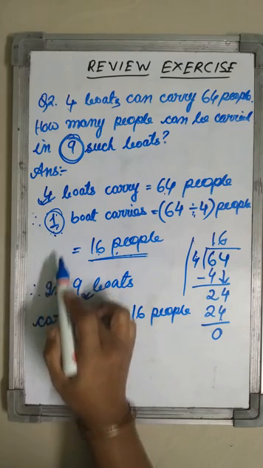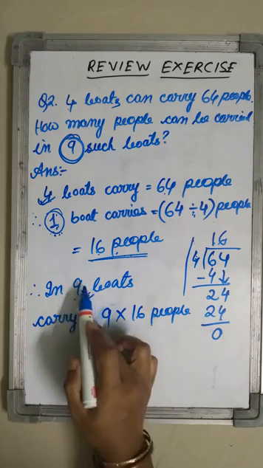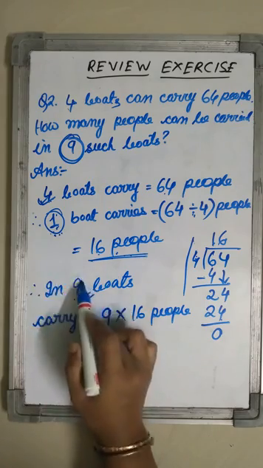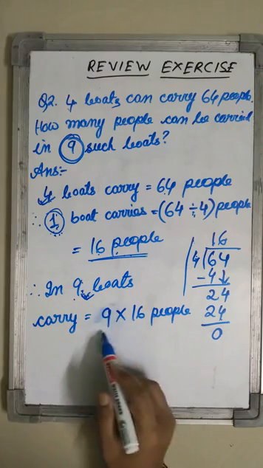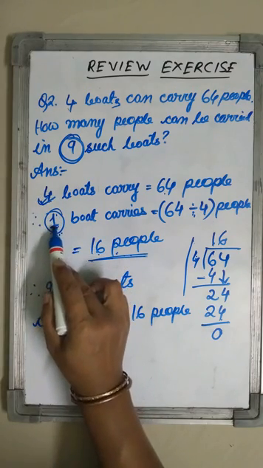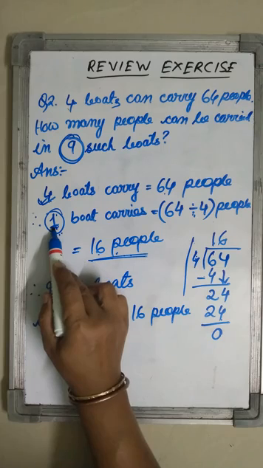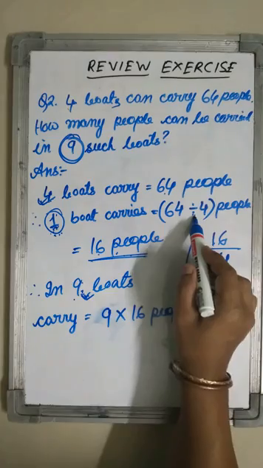After 1 we have the number 9. Number 9 is greater than 1, therefore we have to multiply. From 4 we found the value of the people that can travel in one boat, so we divided.